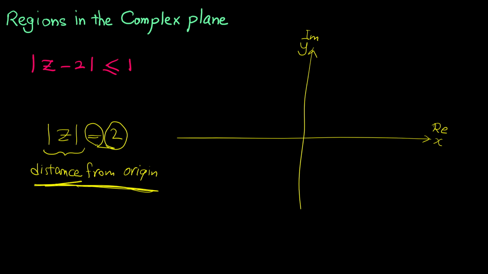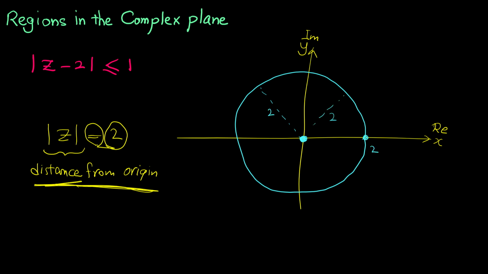Where is the origin? The origin is here. Now we are looking for points in this plane such that their distance from this fixed point is 2 units. If you pay attention, those points are the points on the circle with radius 2. This radius is 2 units.